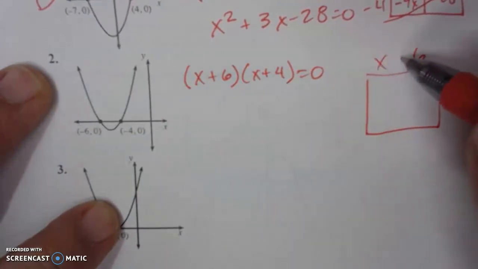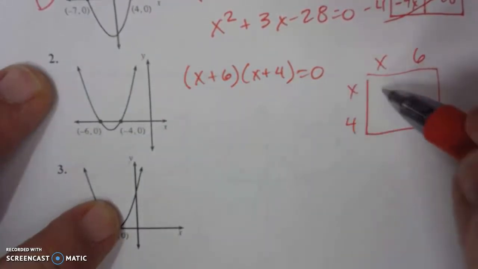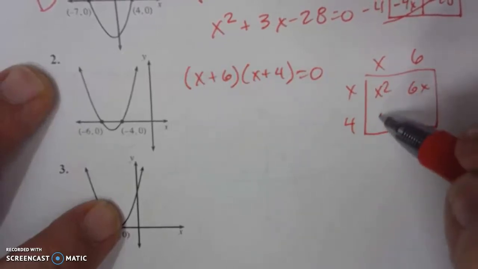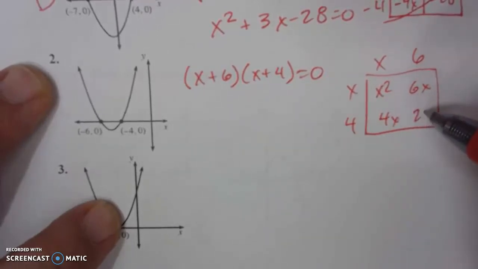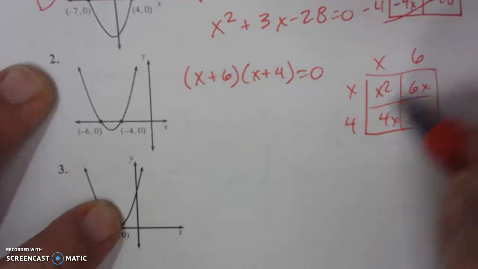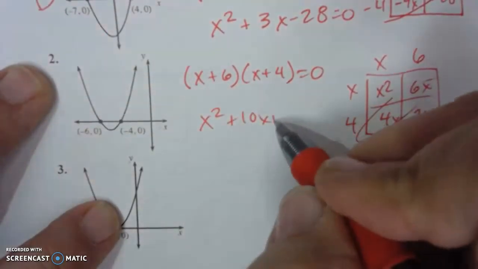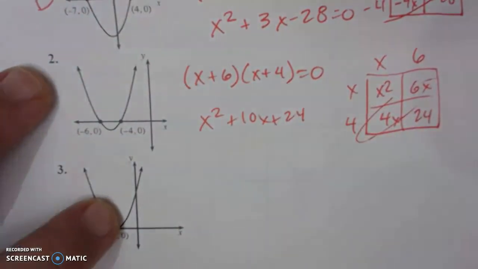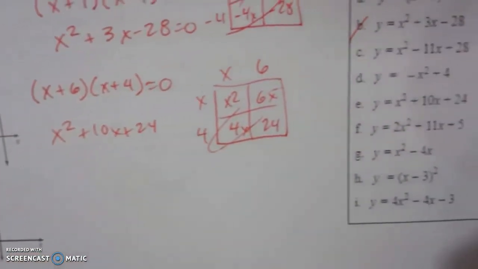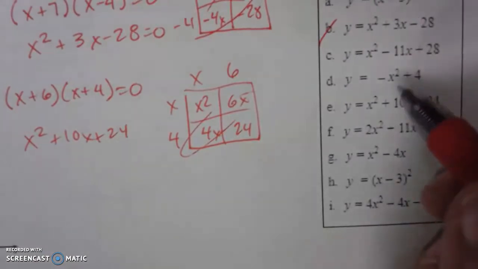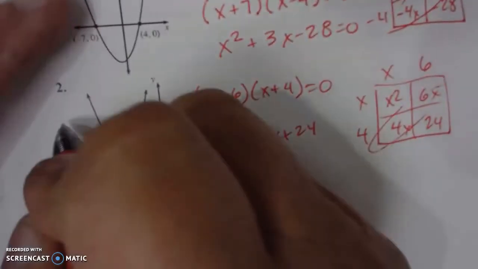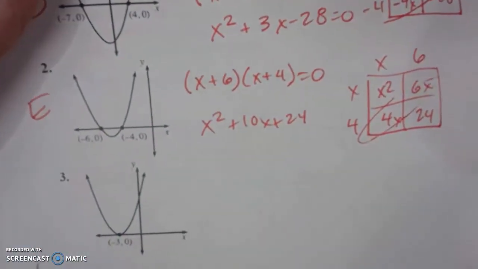Just x plus 6, x plus 4, x squared, 6x, 4x, 24. So combine like terms, we're going to get x squared plus 10x plus 24. So I come over here, and I can see that that one is E. So I'm going to put E there.